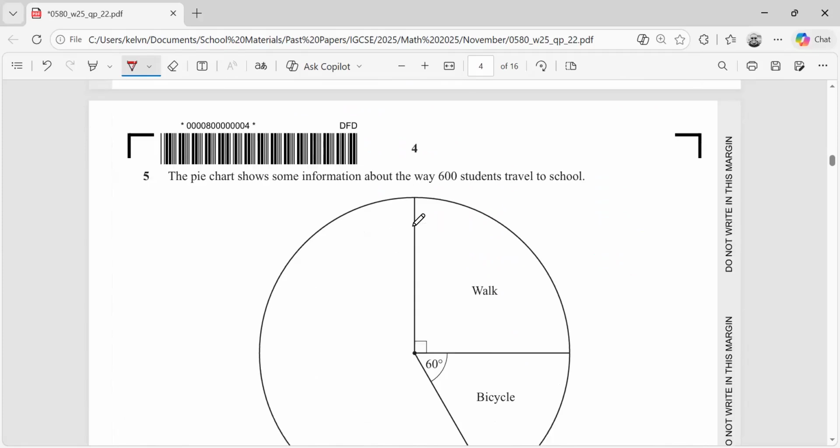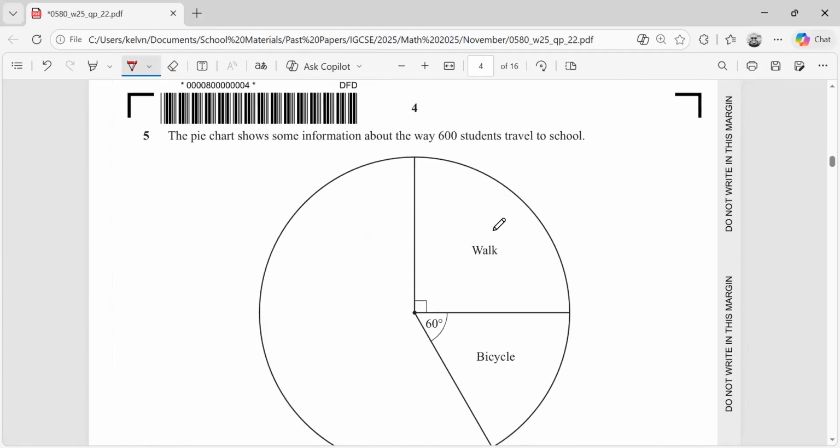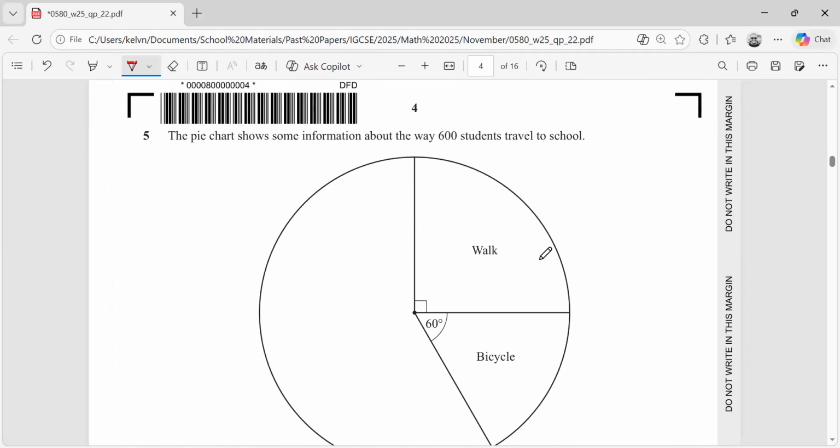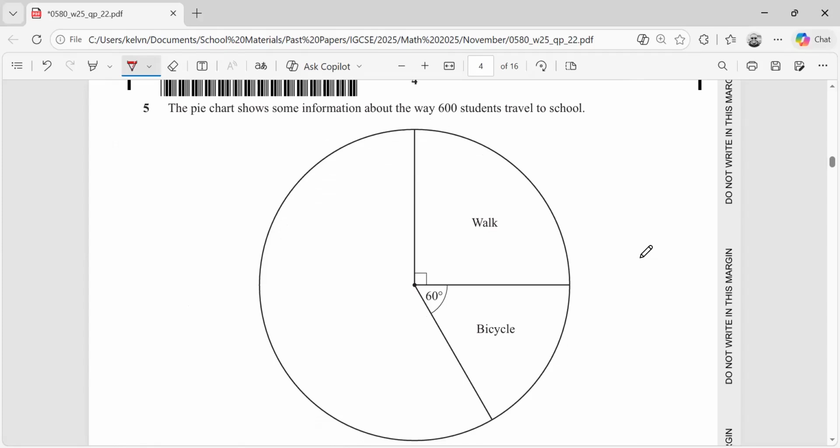Anyway, let's move on. So you have a question on pie, touching on the topic of statistics. For this question, the pie chart shows some information about the way 600 students travel to school. We're told this is 90 degrees.